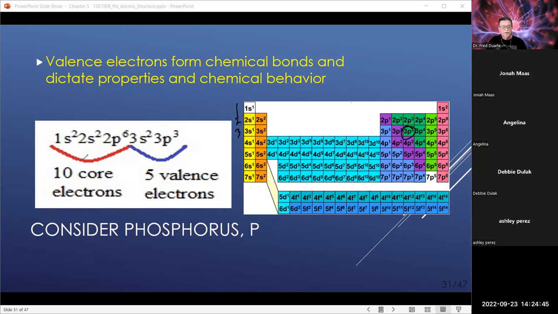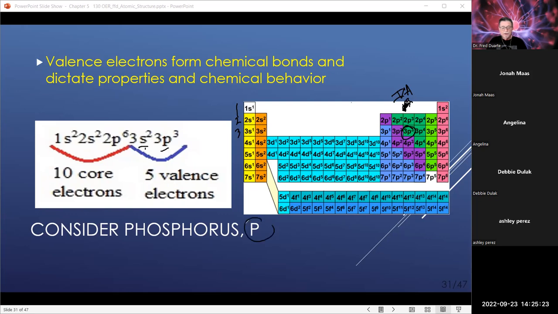So its electron configuration is 1s2, 2s2, 2p6, 3s2, and then it's in the third column of the p elements, 3p3, okay? There are 5 valence electrons, which means that phosphorus is in group Roman numeral 5A. 3 of those 5 are in the p orbital and the other 2 in the s orbital, okay?